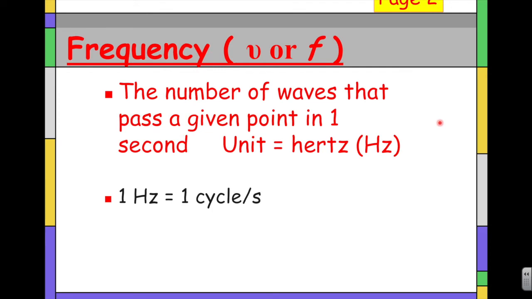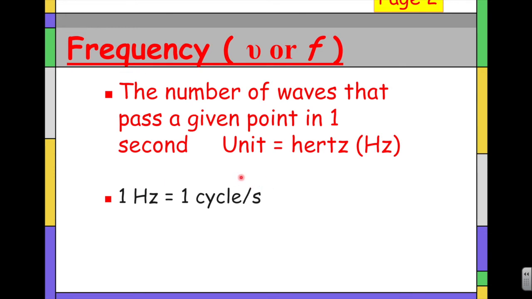Now the frequency is the number of waves that pass a given point in 1 second. So it's how often it's occurring, in number of waves per second. The per second is called the hertz. A hertz is 1 cycle per second.